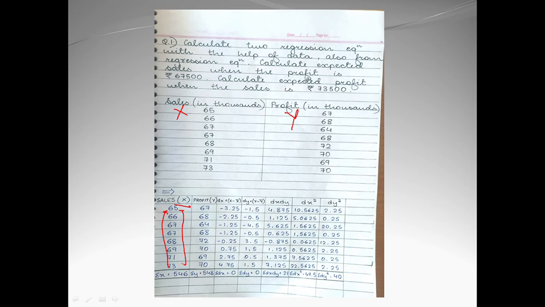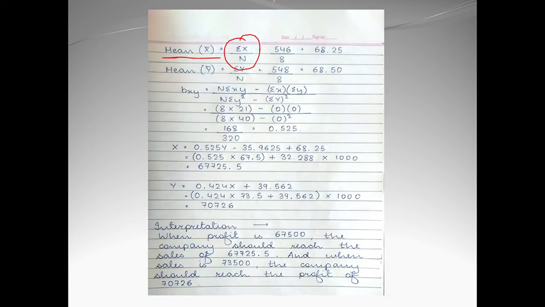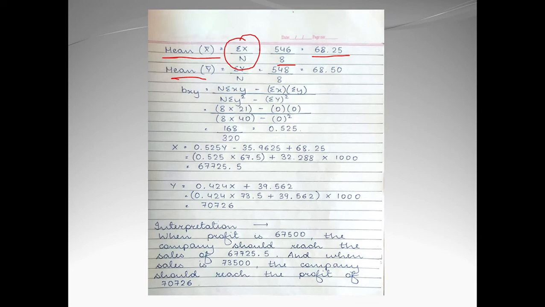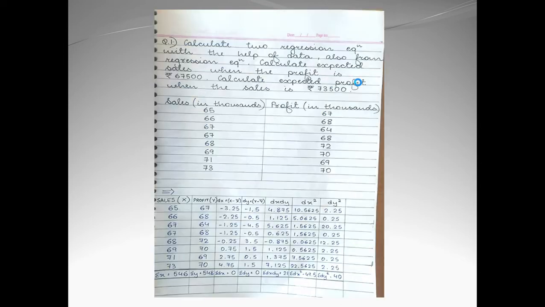So we have here 546 divided by 8 and we got our mean as 68.25. Similarly, the summation of this y series we have calculated as 548 and divided it by 8 and we got 68.50. So by this we calculated the mean of x and y series respectively.